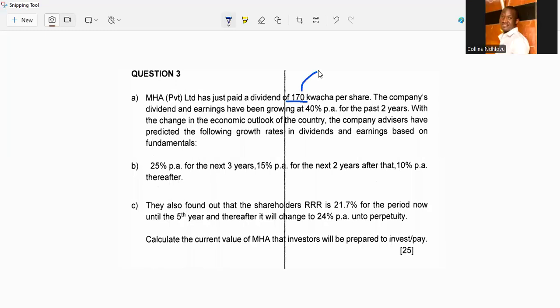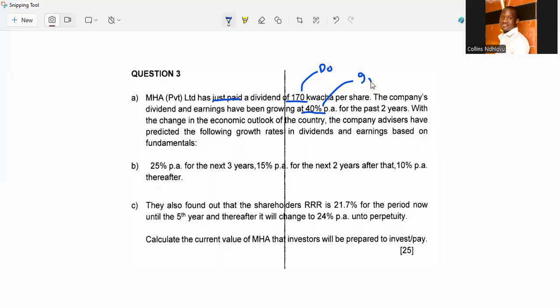What is the 170? That's D1. Oh, why D0? Is it D0 or D1? Oh, it's been paid. It's D0, sorry. D0. Okay. Then what is our G1? Growing at 40% for the past 2 years. So G1 is 40%.